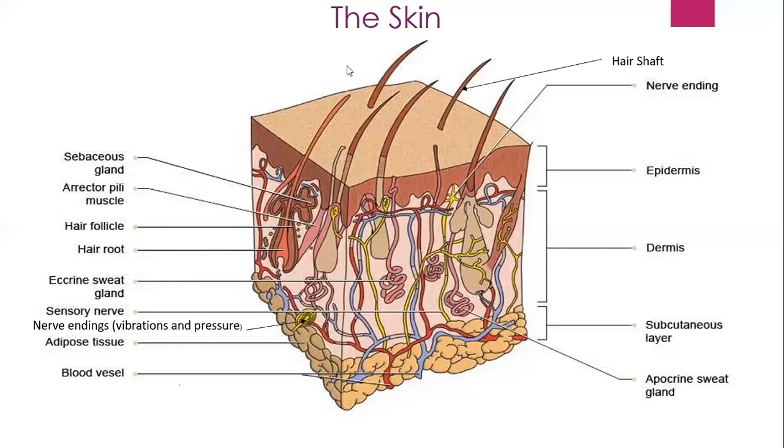How does everybody feel on where the labelings are with the diagram of the skin? We feeling confident, not so confident, need to revise a little bit more on this?